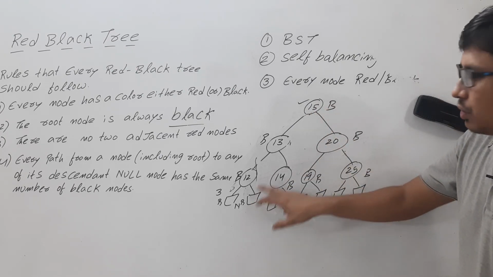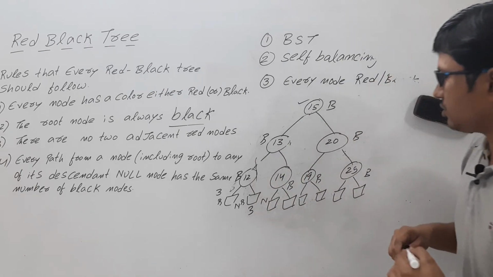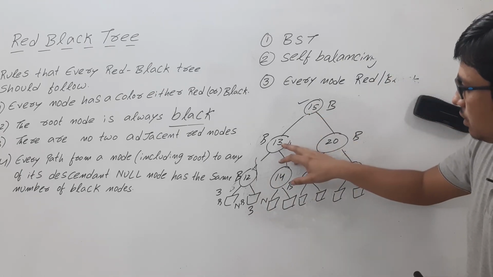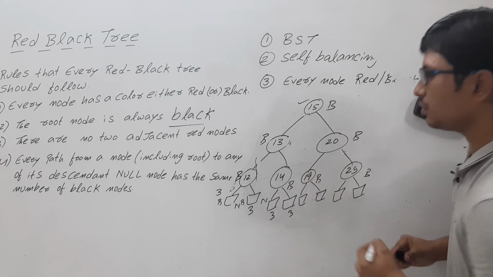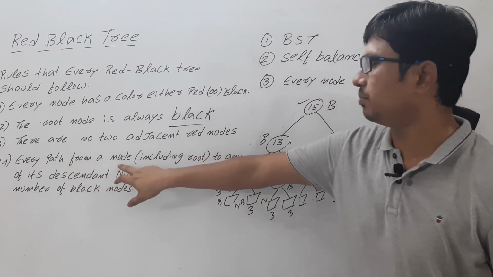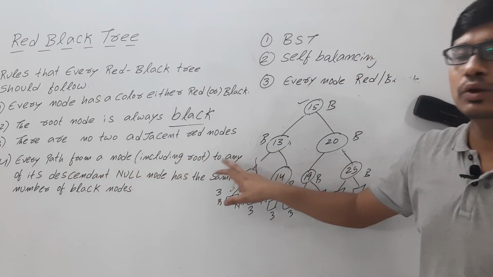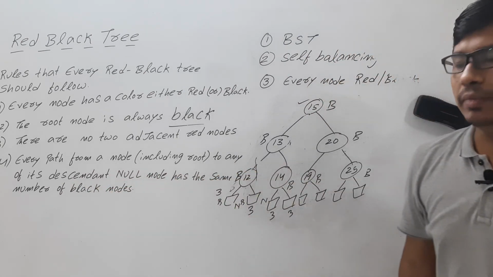Suppose if I want to go here, 1, 2, 3, 3 black nodes. Here also, 1, 2, 3, 3 black nodes. This is very important: every path from a node including root to any of its descendant null node has the same number of black nodes.